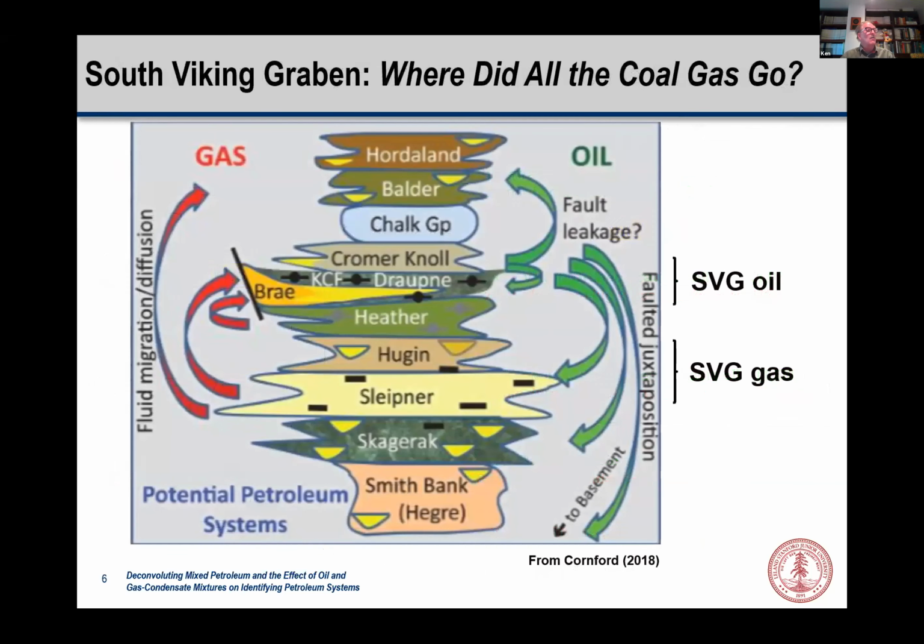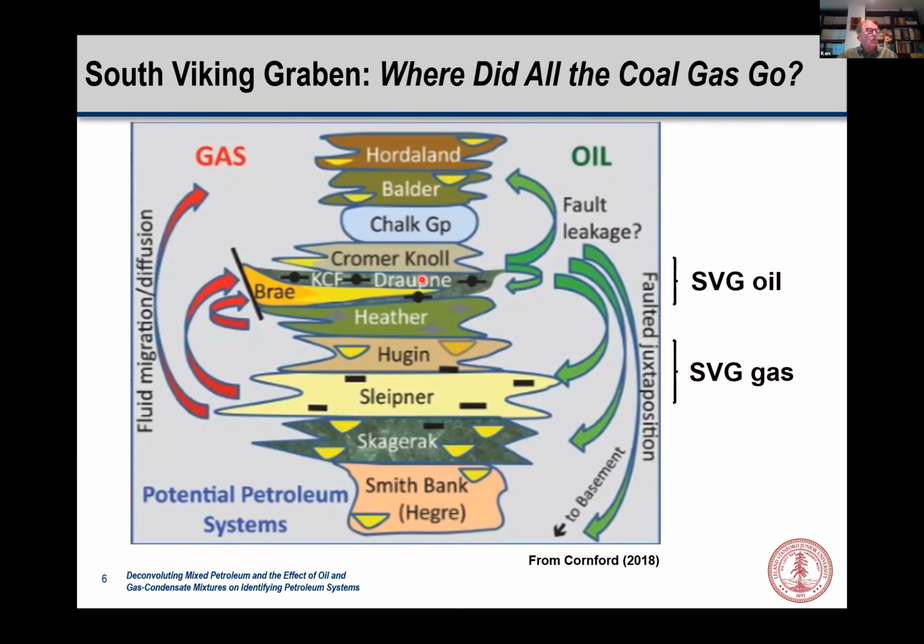Let's look at the South Viking Graben. This is from a paper by Chris Cornford in 2018. In the South Viking Graben, we have the Dropney Formation, which is an equivalent of the Kimmeridge Clay, and it's an oil-prone source rock. It makes primarily oil, has a low GLR. Okay.